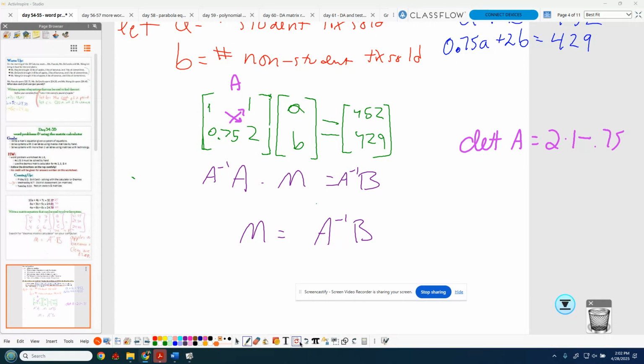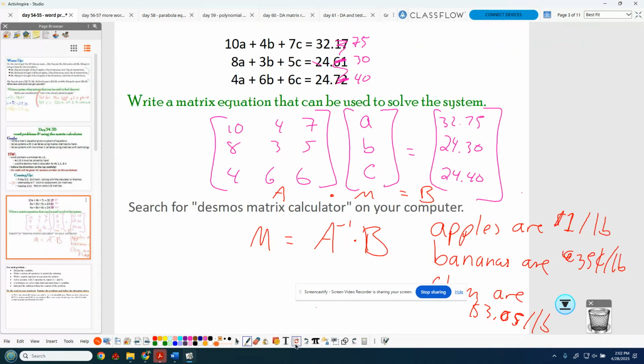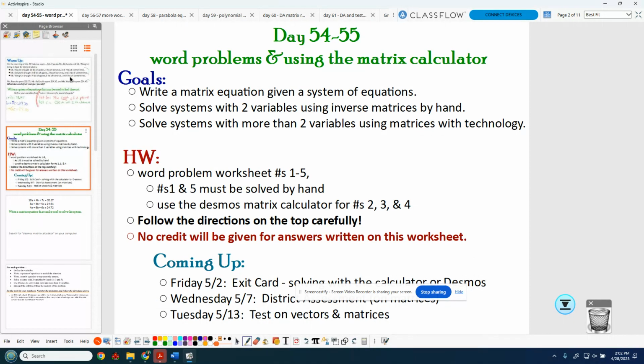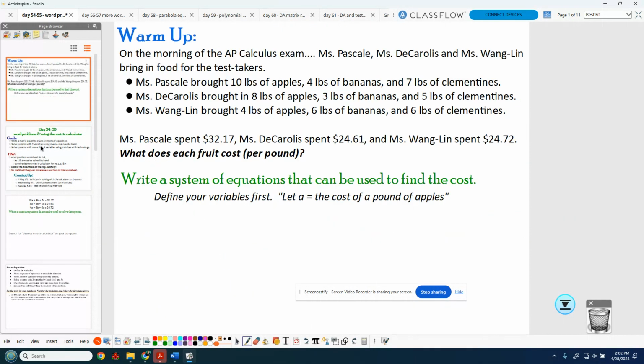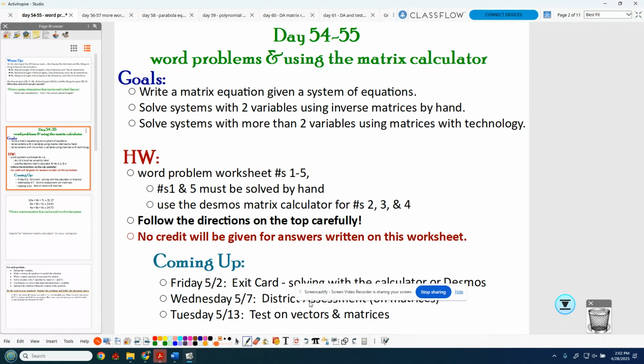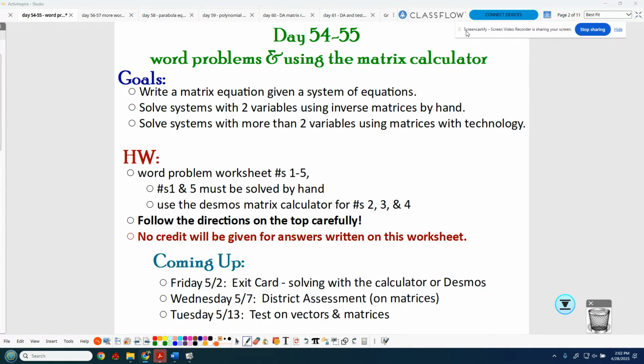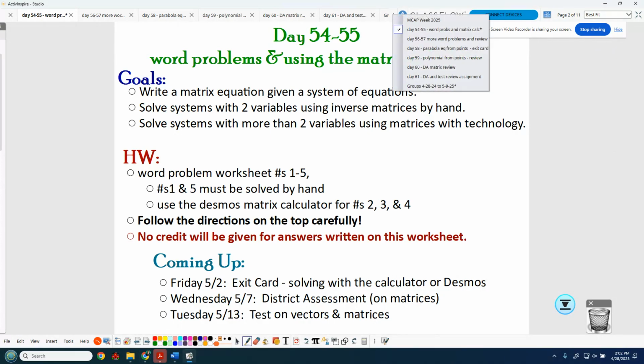So today we got stuff to catch up on. First of all, we have this class 3 times this week.